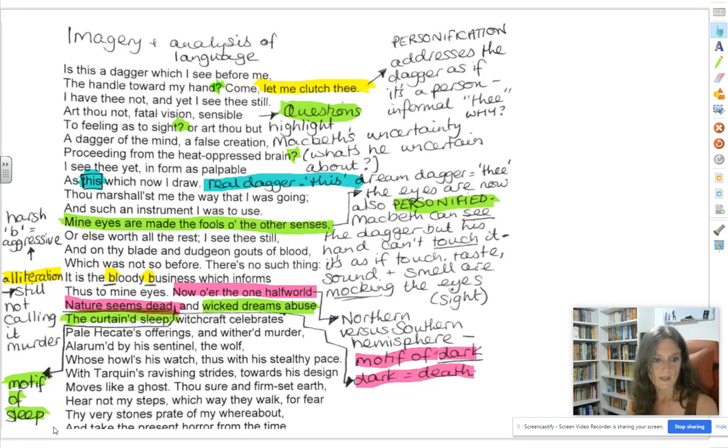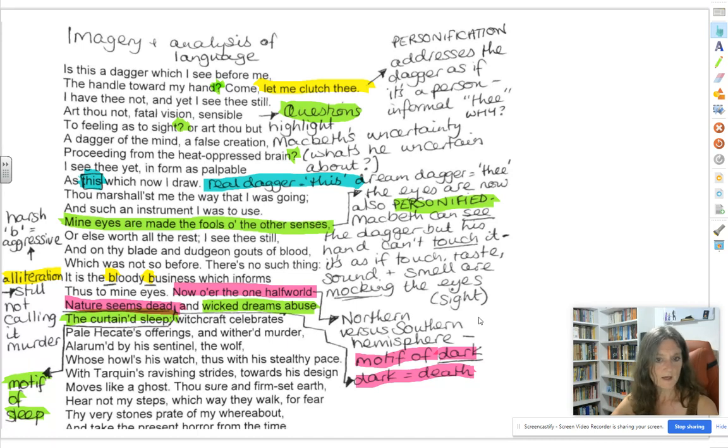And here Macbeth is talking about wicked dreams, when it goes dark and you fall asleep. You can't sleep properly because your mind is being abused by wicked dreams. And the curtained sleep is a metaphor, and the curtains to sleep mean your eyelids. That's what he's talking about there. So it's a really beautiful metaphor, but that contrasts with the idea of wicked dreams.